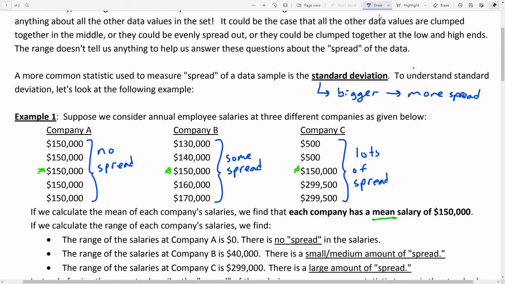The bigger the standard deviation, the more spread out you are. Very important. Because it's just looking at all of the differences between data point and middle. Just think about it, if all the points are near the middle, then when I calculate all of those differences, I'm going to get small numbers because everything's close together. If points are spread out far, I'm going to get big numbers in that calculation, and I'm going to get a big standard deviation.